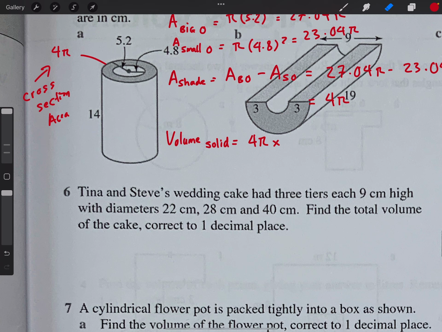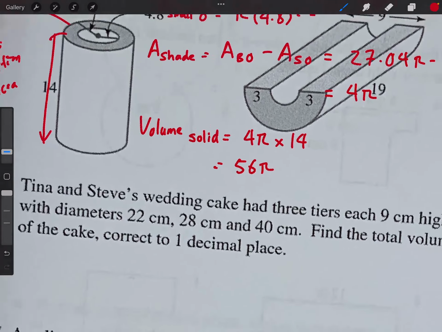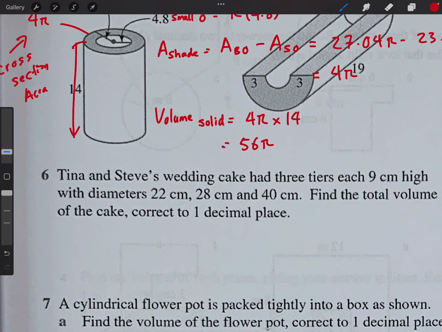I usually like to find the cross-section area and then multiply by however long or high it is. In this case it's 14, so multiply that by 14 and you're going to get 56 pi. Yep. So this is the exact answer.